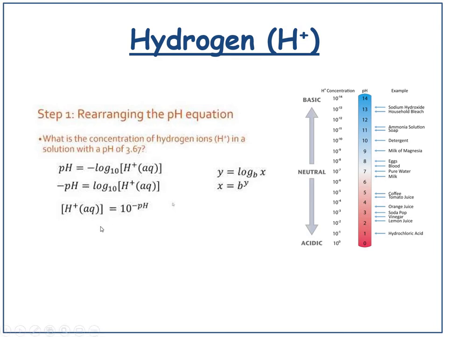If you rearrange that, you get [H+] equals 10 to the minus pH. So you go 10 to the minus 3.67 and you will get the concentration of hydrogen ions. You can see here that 3.67 would be somewhere between times 10 to the minus 3 and times 10 to the minus 4.